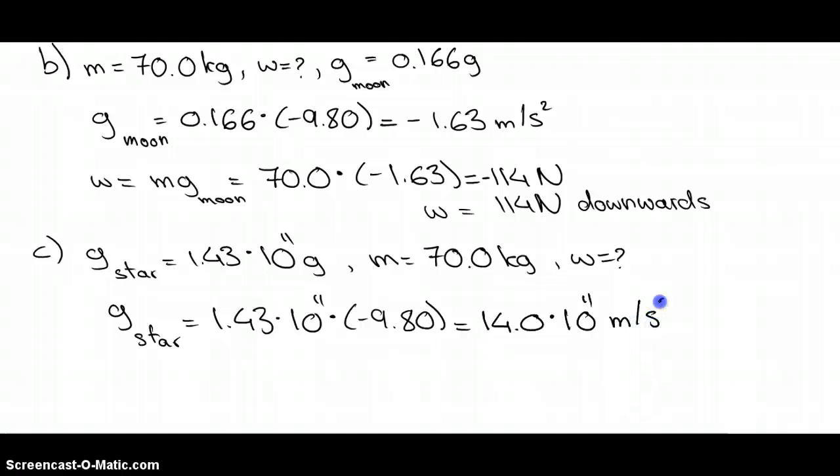And the answer is 14.0 times 10 raised to the power of 11. Or if I want to write it properly in scientific notation, it will be 1.40 times 10 raised to the power of 12. Now I substitute.